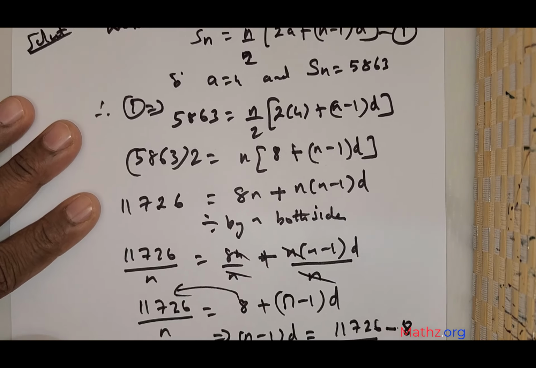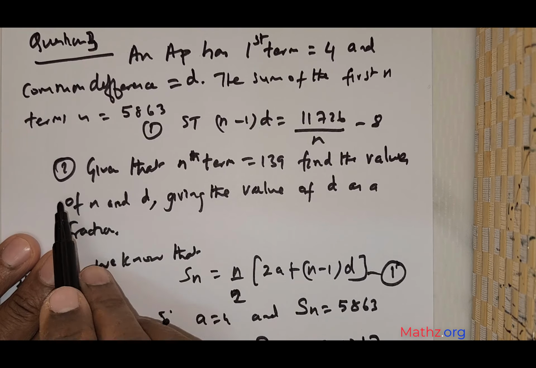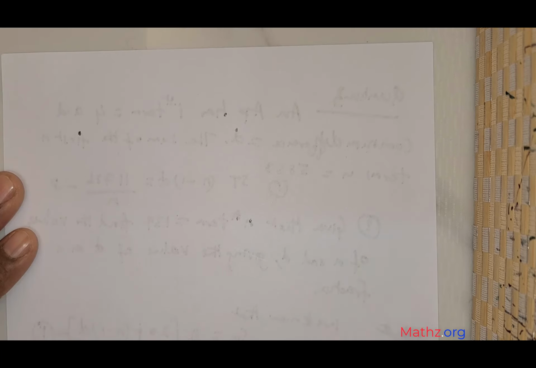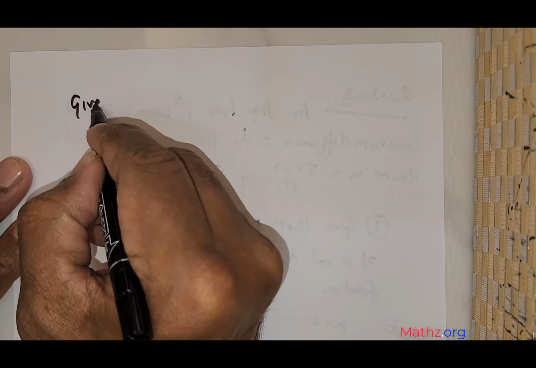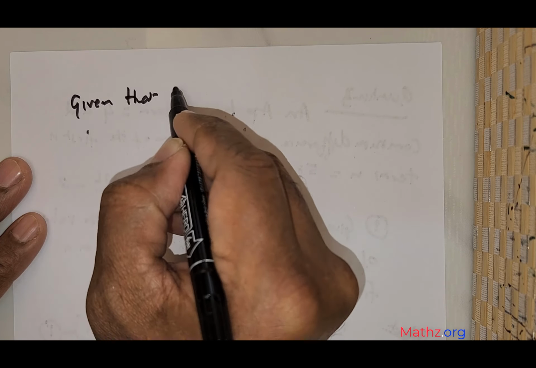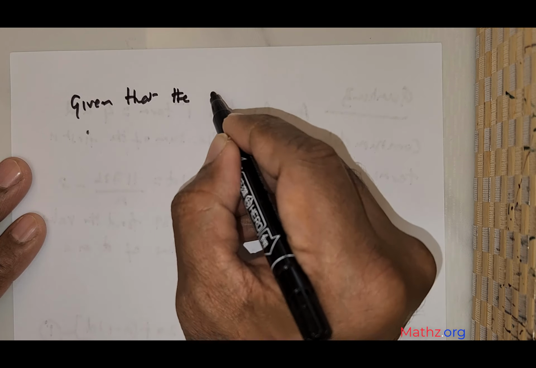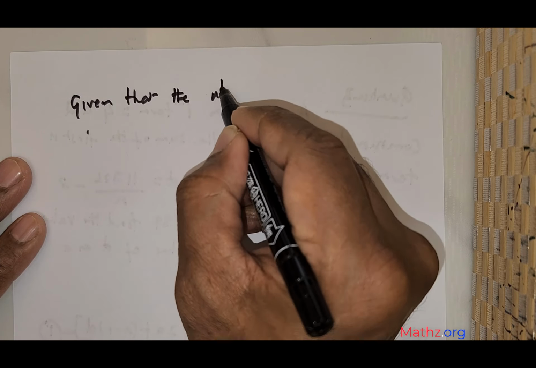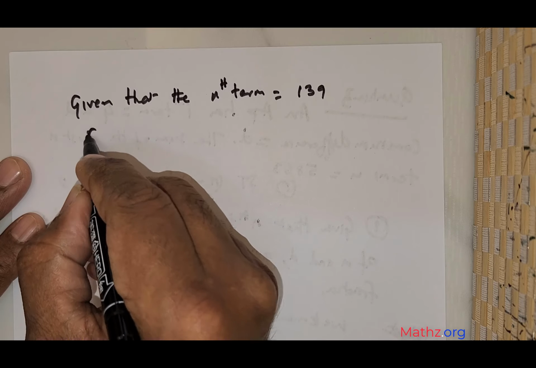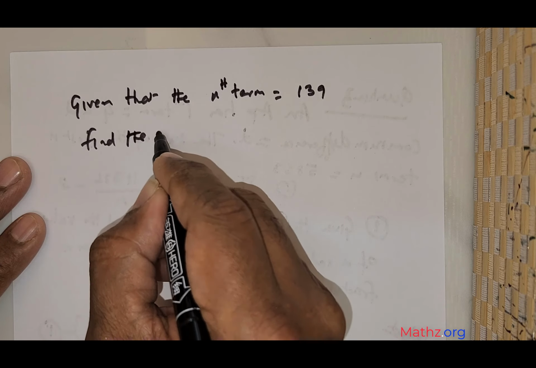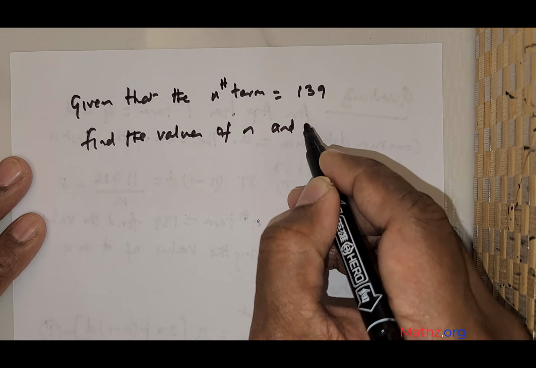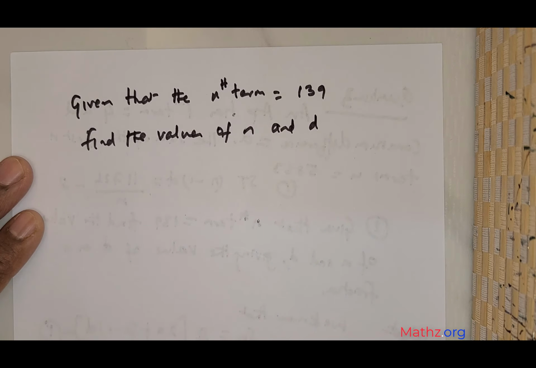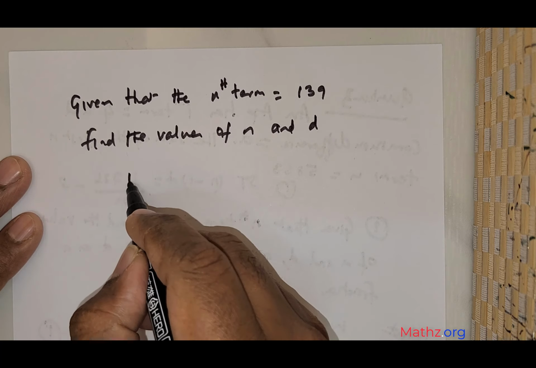So now we move on to part 2. What does part 2 say? Given that the nth term is 139, find the values of n and D. Now we need to use a formula.